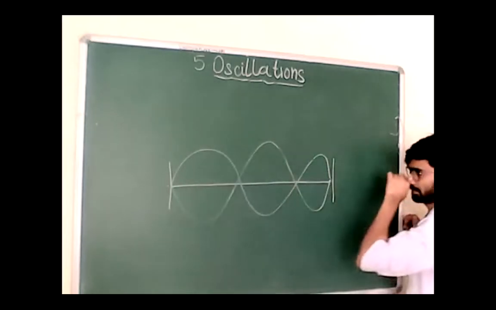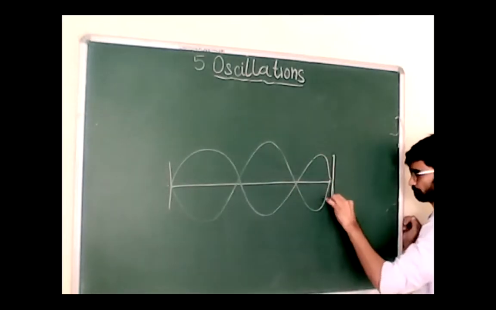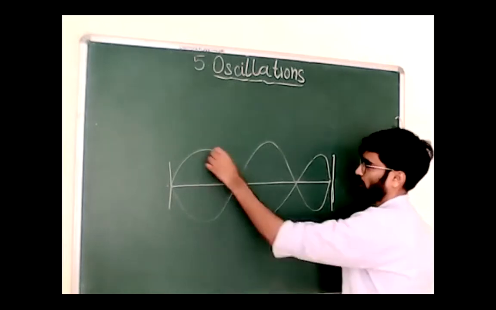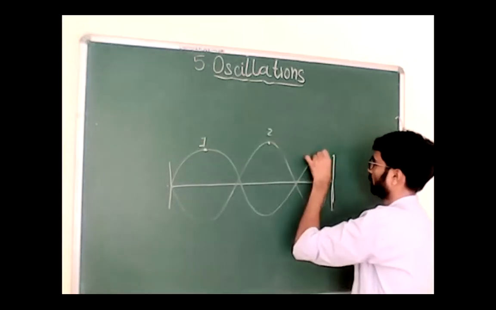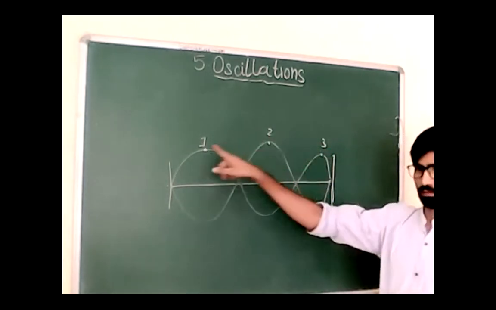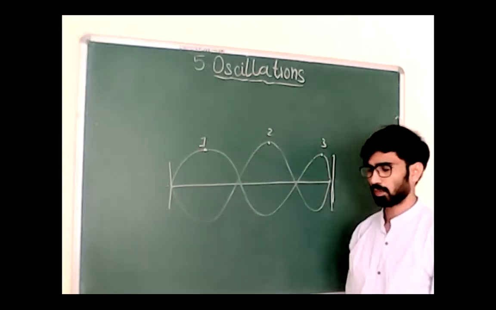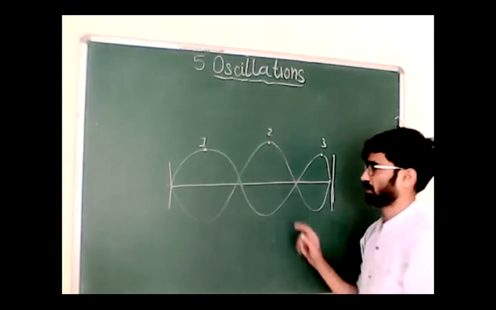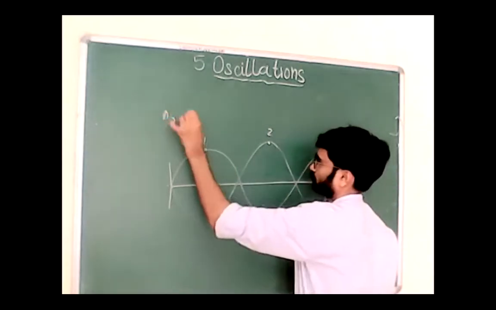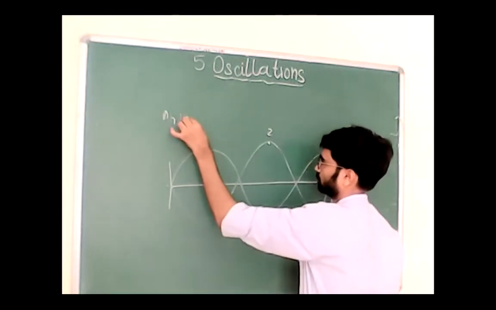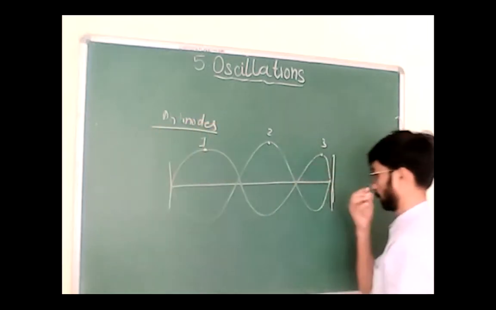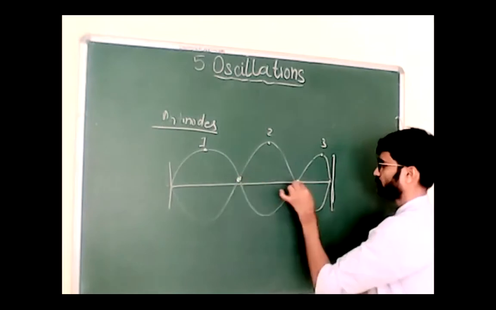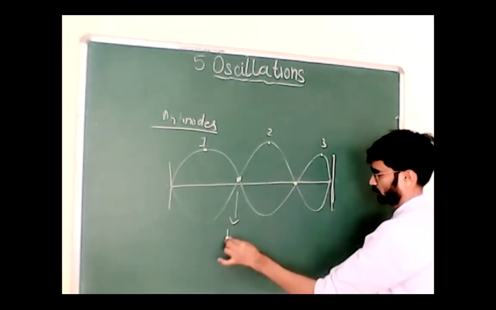Now, tell me these points 1, 2, and 3, what are they called? Node or antinode? Antinodes. Correct. And these points are called? Nodes.